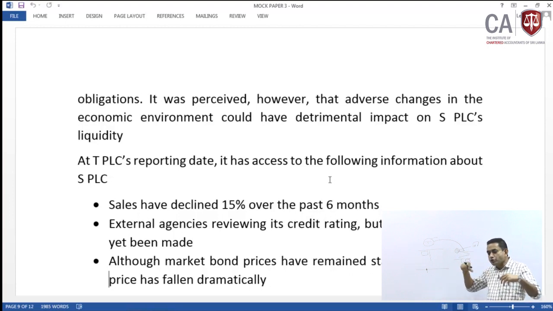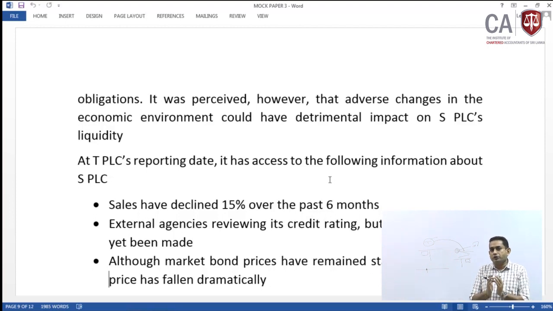So, taking those two negative factors into account, your judgment should be what? The credit quality of the bonds issued by company S has deteriorated significantly. If the deterioration is significant, you should apply not 12 months expected credit loss, it has to be lifetime expected credit loss. So, that is your evaluation here.